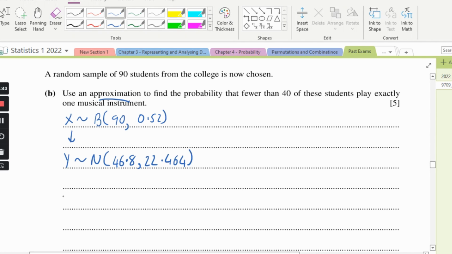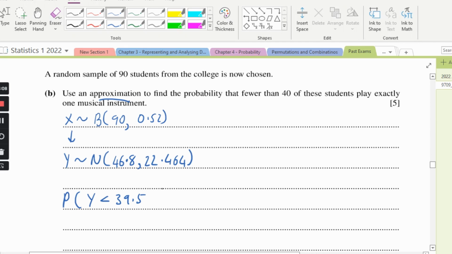Okay, now we want the probability that Y is fewer than 40. So we've got to do something very important at this point in time. Don't forget, we need to do a continuity correction. So we want less than 40. So when we change this to normal, it's got to be less than 39.5.